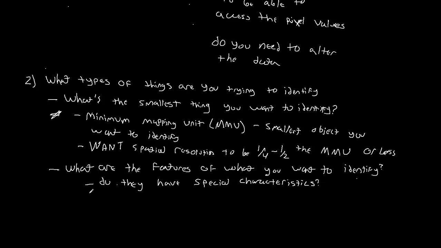So for example, are you trying to map a plant that blooms a very distinctive color in August, and then for the entire rest of the year, it looks just like all the other vegetation around it? You would want to pick an imagery data set that gets imagery in August, because that's when you're most likely to be able to identify the thing that you're looking for.